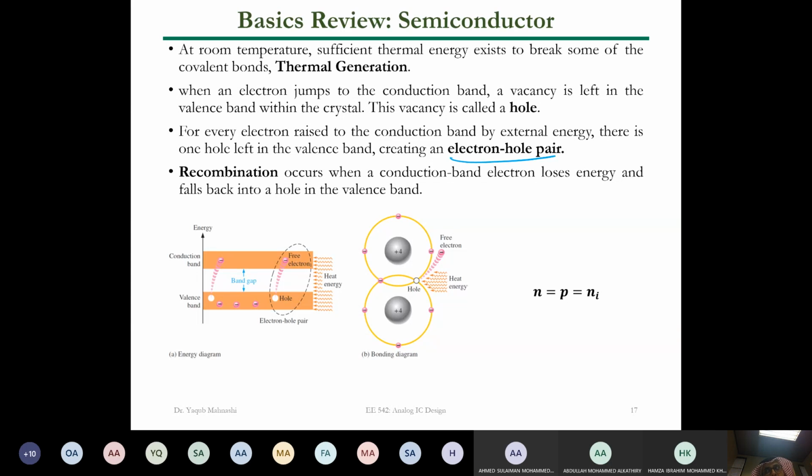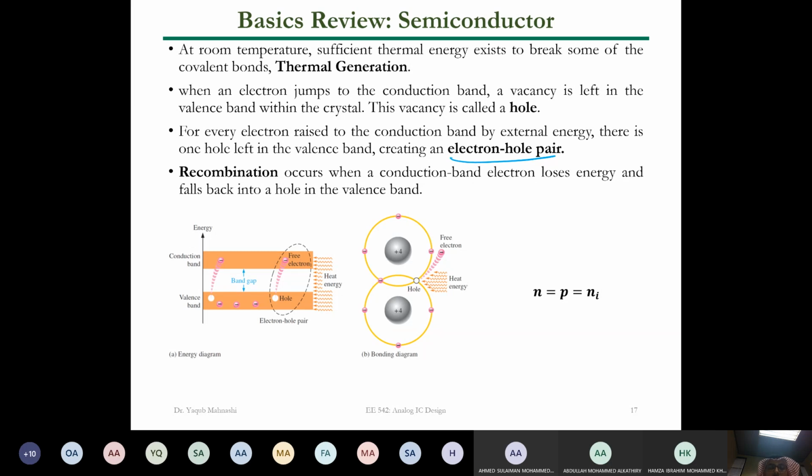Once electrons move from the valence band to the conduction band, now you have some holes, and if a hole is created, another electron will go and try to occupy that hole, and so on. So now you have some movement, and this is what we call drift current or drift.